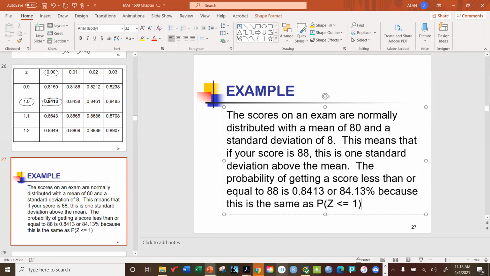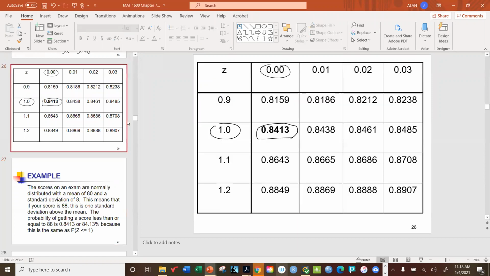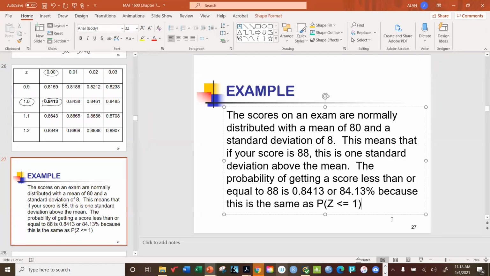In other words, they mean the same thing. Having a z-score, as it's called, of 1 is the same as the score on this exam of 88. So let me just add that again at the end.